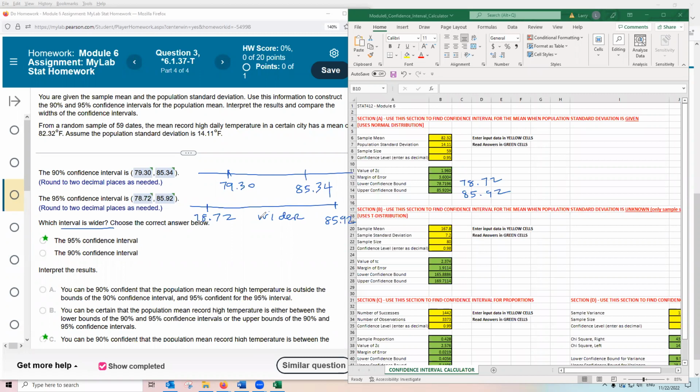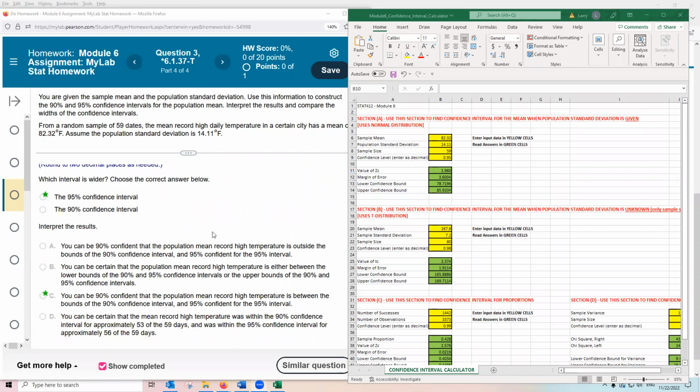Okay. All right, and let's go down to the last part. This is kind of an interpretation question down here. And anytime you're interpreting a confidence interval, you're making a statement about the population mean. So the statement has to be about the population mean.